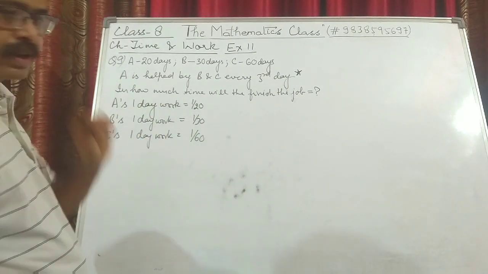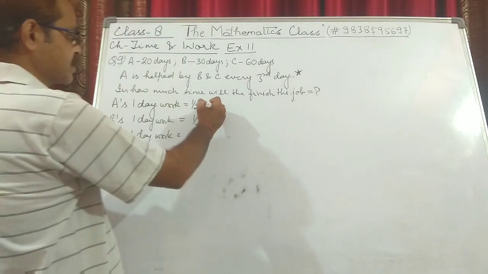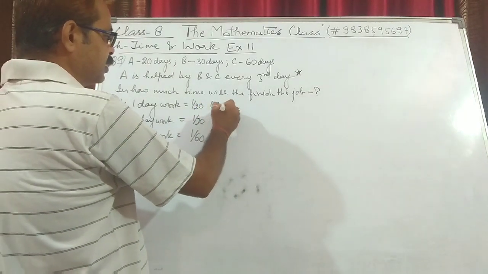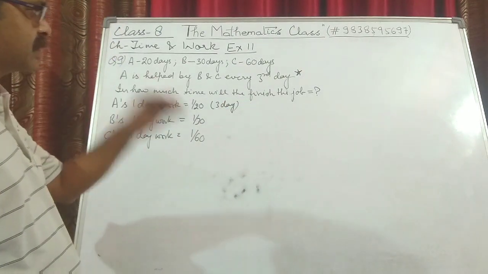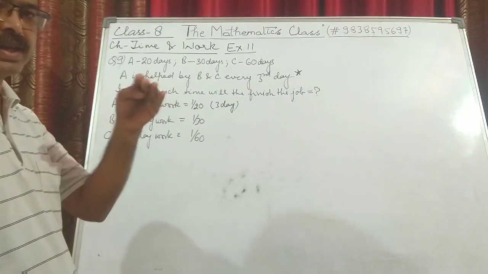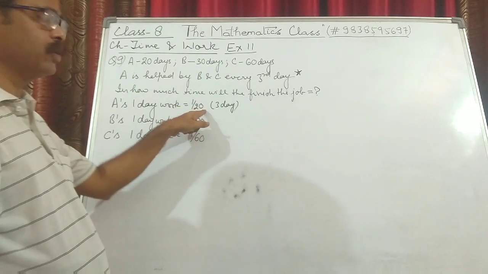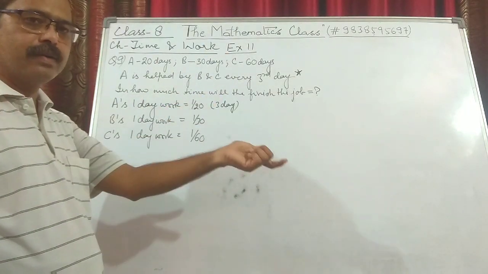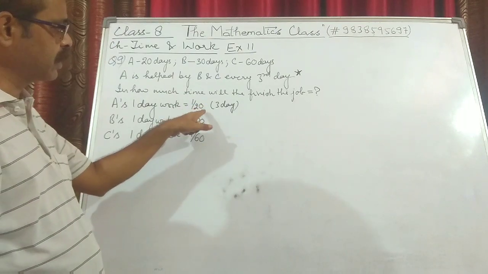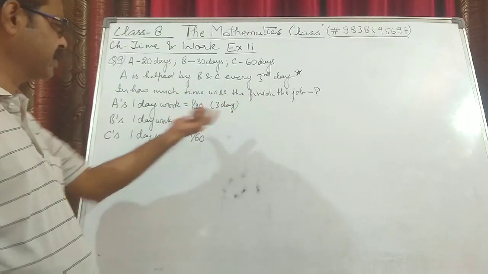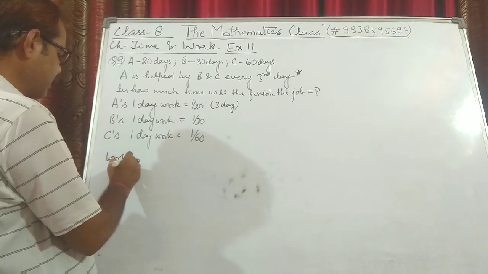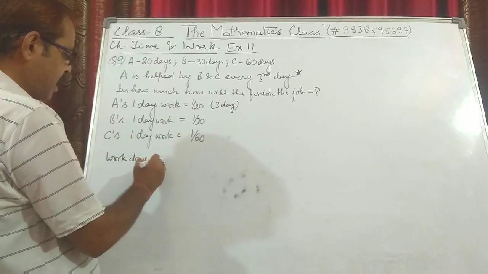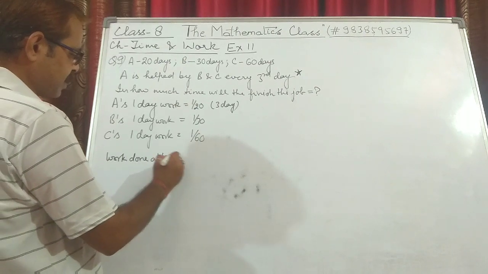Now A is doing work for how many days? 3 days, all the days. So let's see how much work is done in 3 days. We will find out the work done after 3 days.